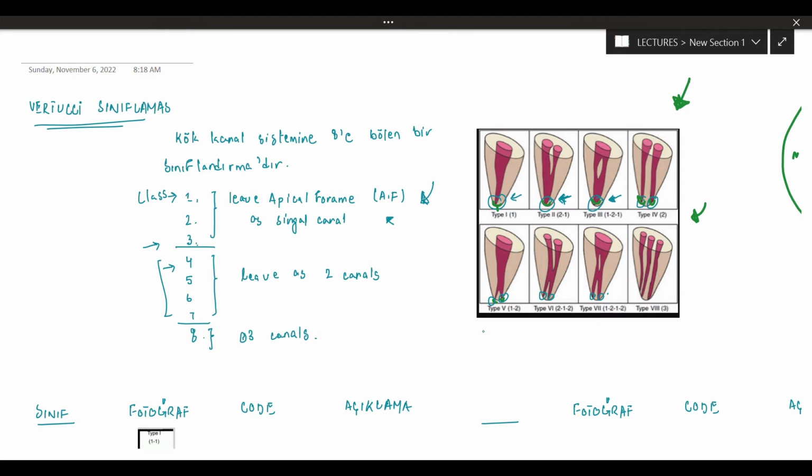We are not discussing what leaves the pulpal chamber, we are discussing what leaves the apical foramen. So from class 1 to class 3, one canal leaves. From class 4 to class 7, two canals leave. And on class 8, 3 canals leave.